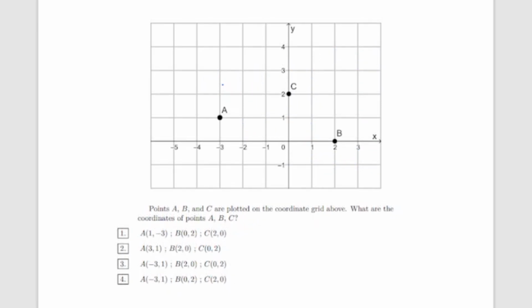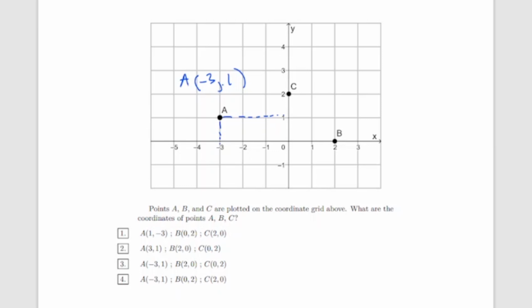Points A, B, and C are plotted on the coordinate grid above. What are the coordinates of points A, B, and C? So to find the coordinates of A, we just start off at A and go to the x-axis. So we have A as -3, and then we have to go all the way to the y-axis from A, so -3, 1.